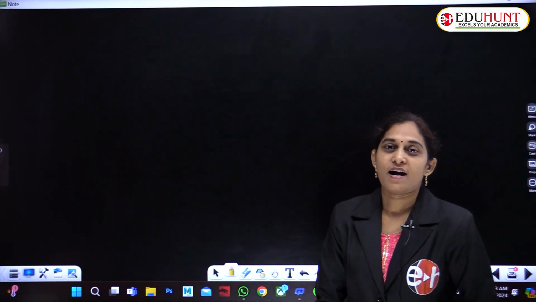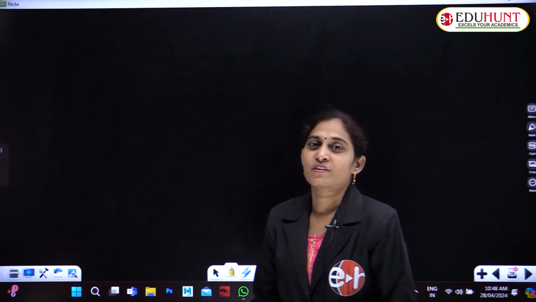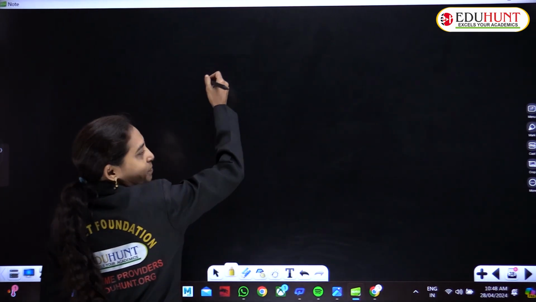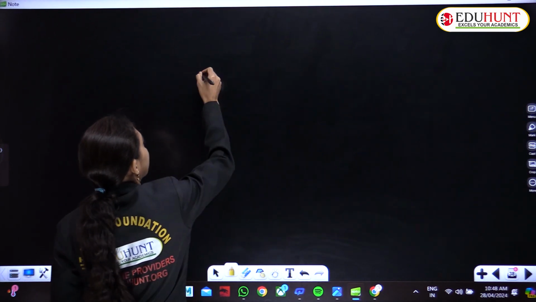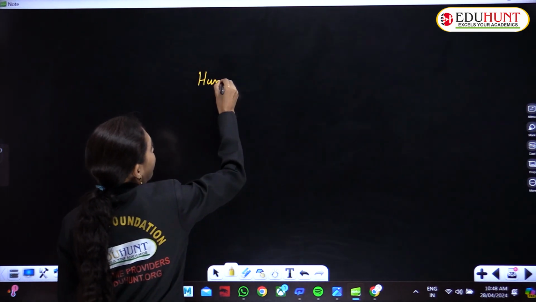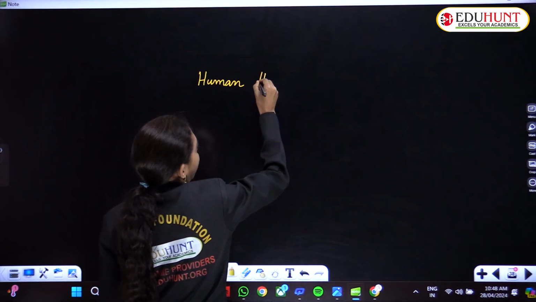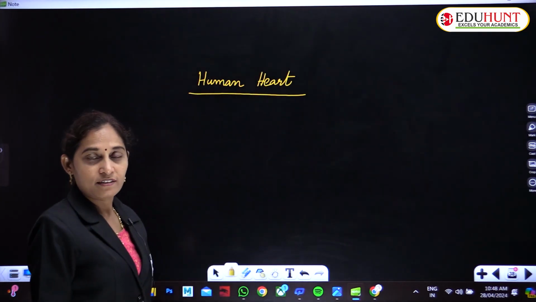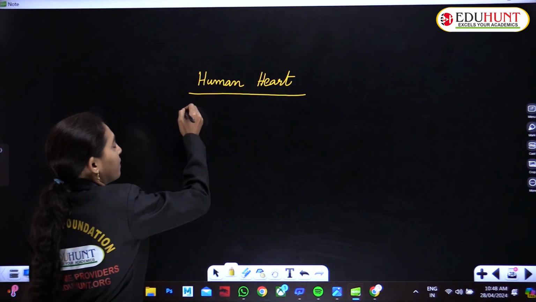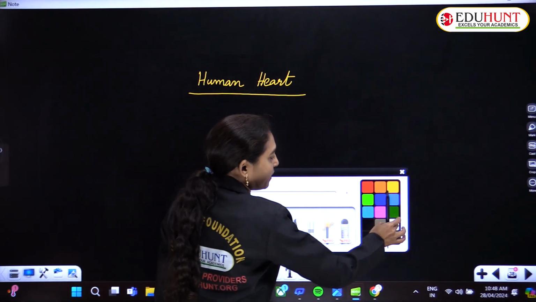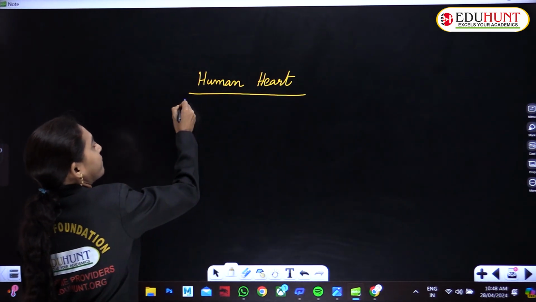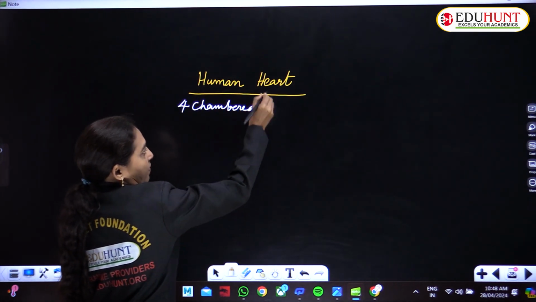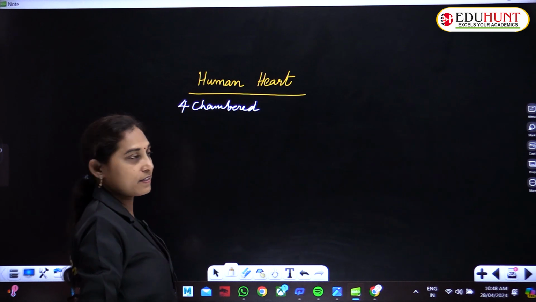Heart structure, let's see. Especially the human heart. As we know, the human heart is a 4-chambered heart.